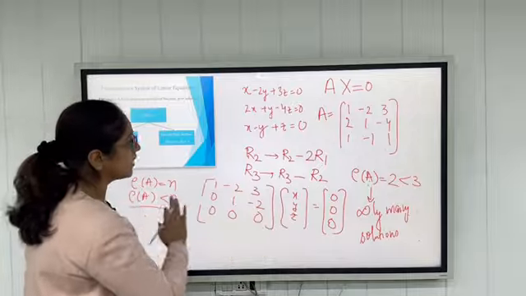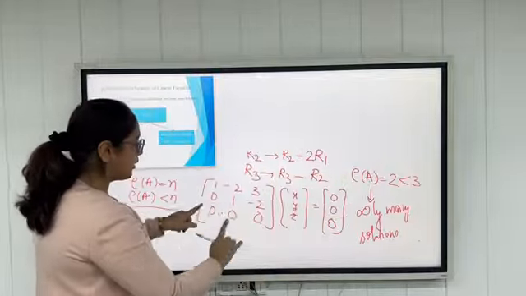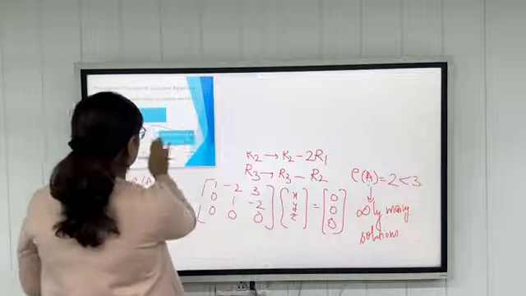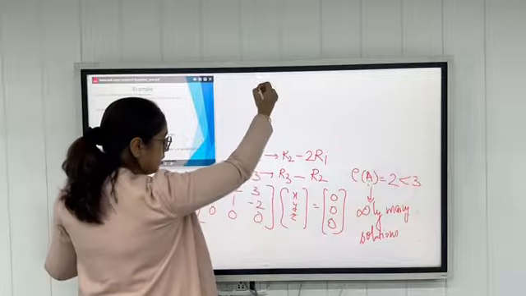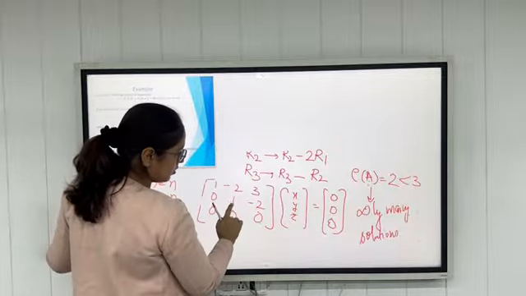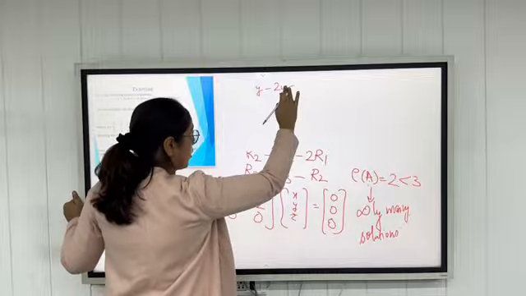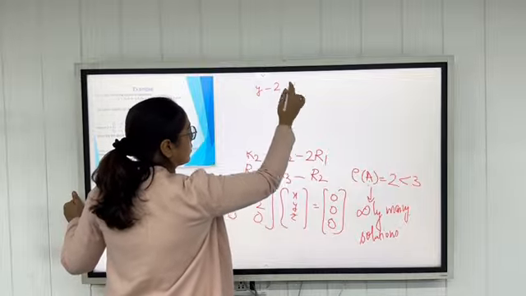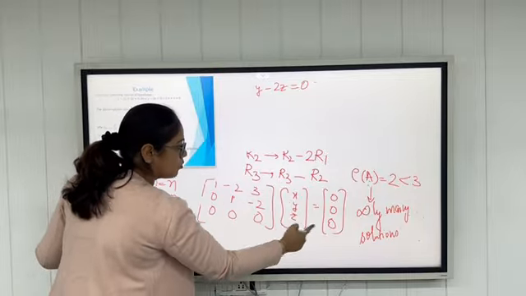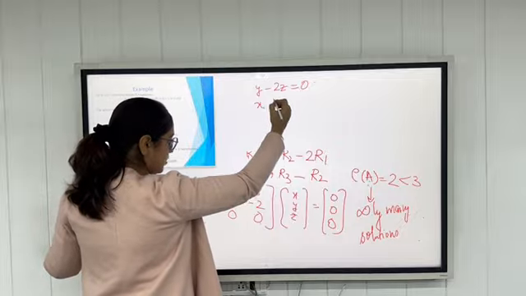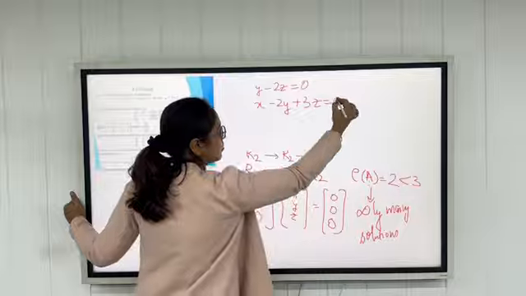So in this case, when you multiply this, you will get this. y minus 2z is equal to 0, and x minus 2y plus 3z is equal to 0.